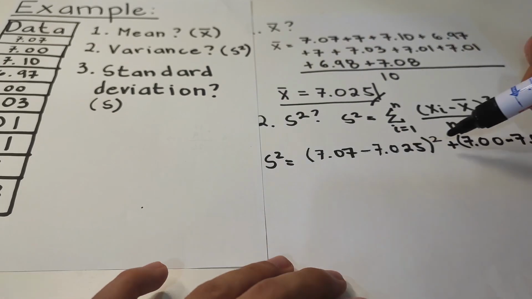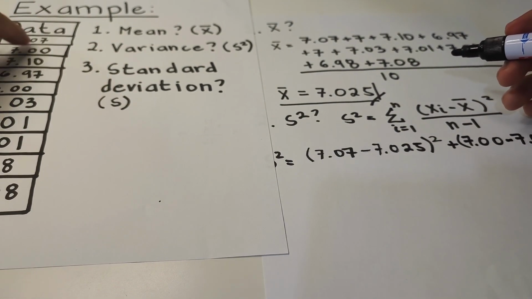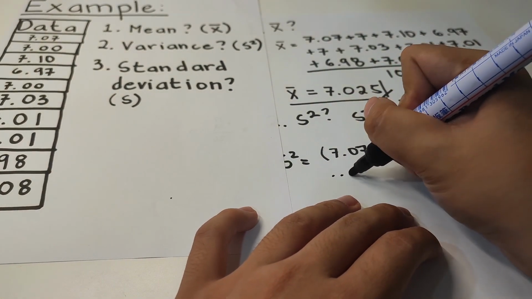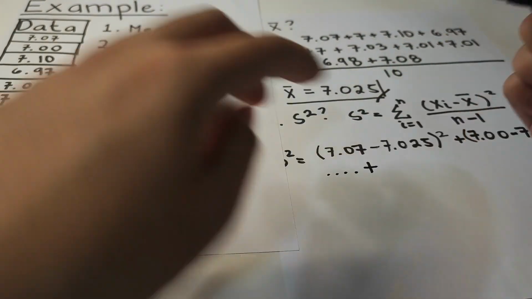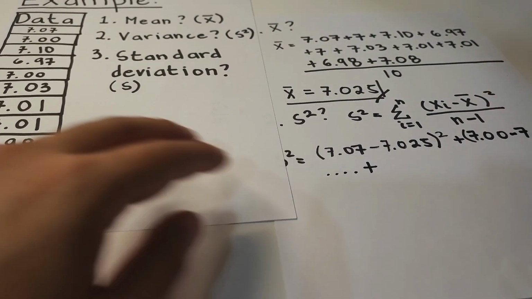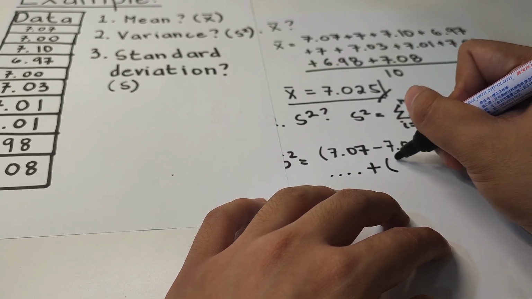So we do this for every xi, or every value, up until the last one, which is 7.08.